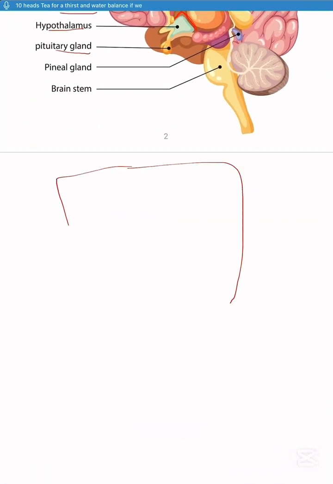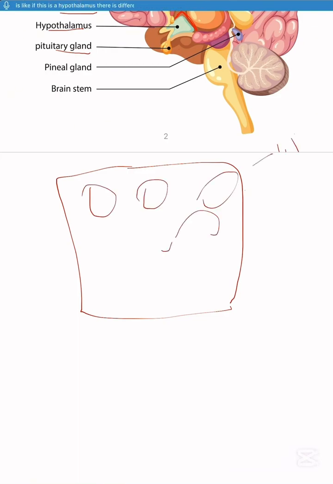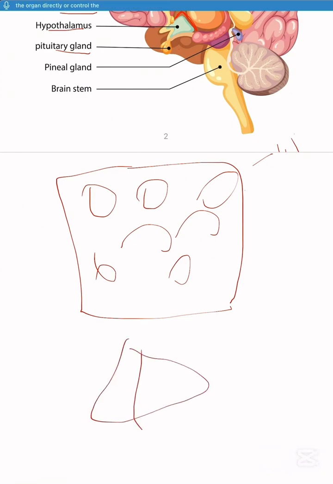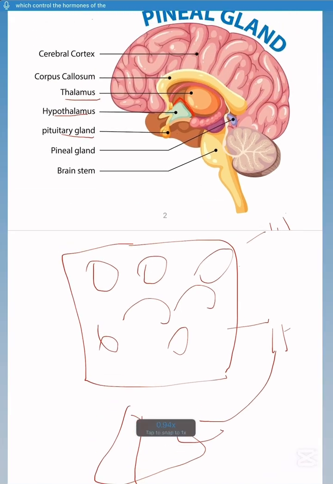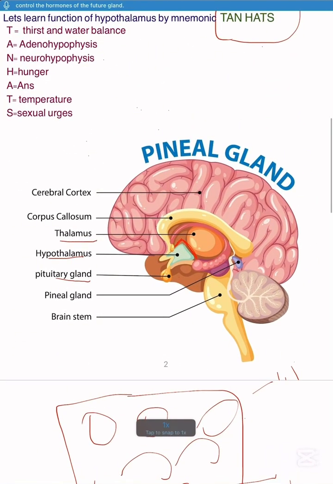In the hypothalamus there are different nuclei which either act on organs directly or control the hormones of the pituitary gland. It releases hormones which control the hormones of the pituitary gland.